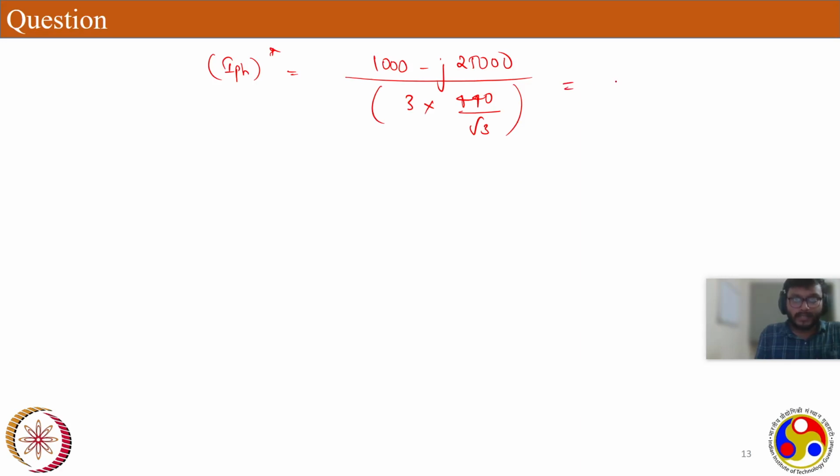I got I phase star as 32.83 at an angle of minus 87.70 amperes. Okay, did anyone get the same answer?